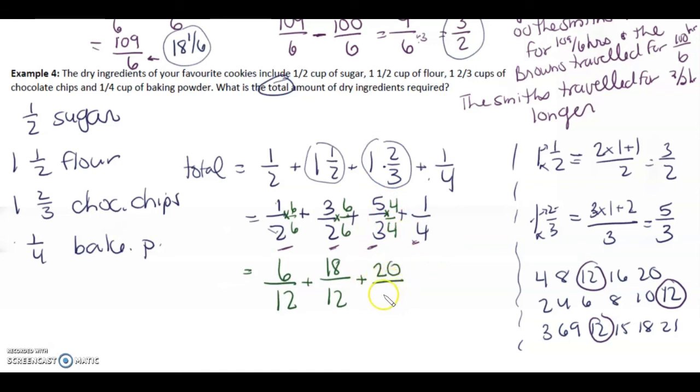So we're going to go 20 over 12. And then 4 is going to have to be multiplied by 3. So 3 over 3. So we get 3 over 12. Okay, and at this point, all we want to do is add all of the numerators together. So we add 6 plus 18 plus 20 plus 3, and we get 47 over 12.